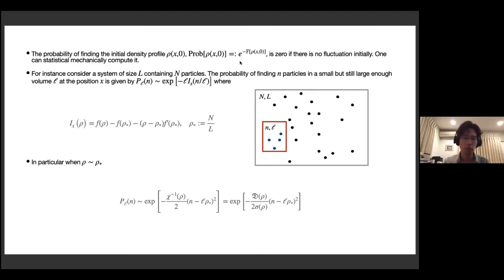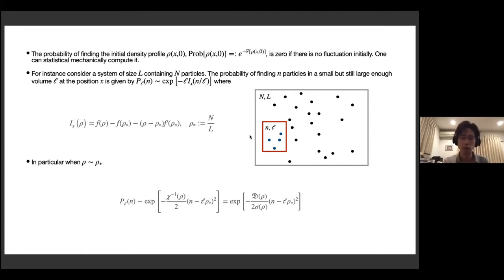To compute this, let's consider a simple case, where you have a system of size L containing large N particles, and the probability of finding small n particles in a small but still large enough volume, small l, at the position x is given in this way. This can be very simply computed statistical-mechanically by just calculating the number of ways of allocating small n particles in this small volume l.